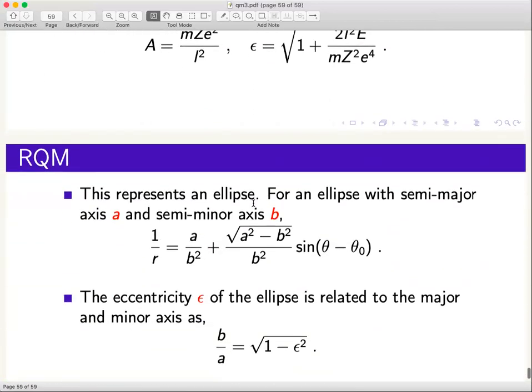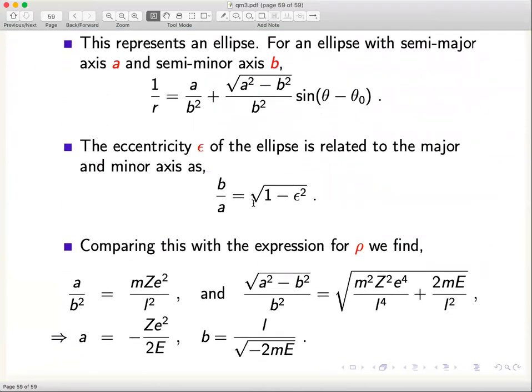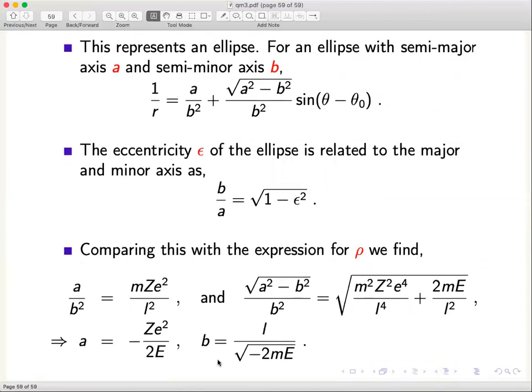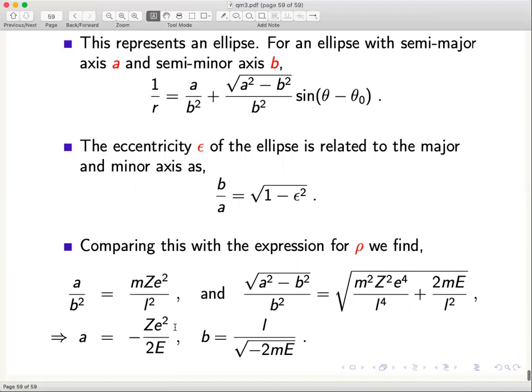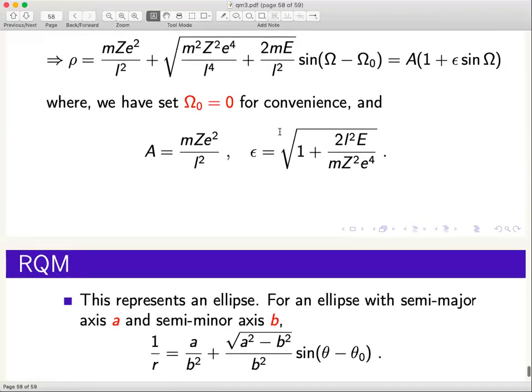We can use that set of expressions to write down A to be minus z squared upon 2E and B to be L upon square root of 2mE. If you use this back in the formula for eccentricity, you will find that the ratio gives you exactly the epsilon that we derived here.